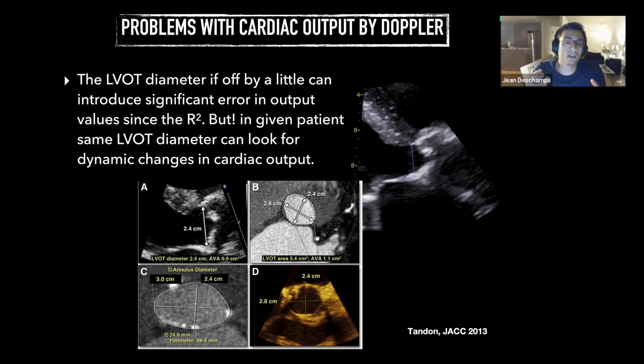Yeah, so this is exactly what we're discussing, is that we all believe the aortic annulus is round. It's actually an ellipse. And because of its ellipsoid nature, the measurement can vary as much as between 2.4 centimeters to 3 centimeters in this specific image. That gets even worse when some people have aortic pathologies and they get into more dilational situations.